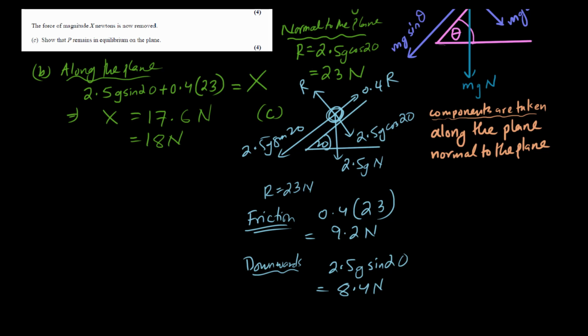Now we can see that the friction is more than the downward force, and there is a concept known as maximum friction. That means friction will adjust until it reaches maximum friction. So if the maximum friction is 9.2 Newton, it can take a load up to 8.4 Newton. So we will say that the object will be in equilibrium. So P will remain in equilibrium.